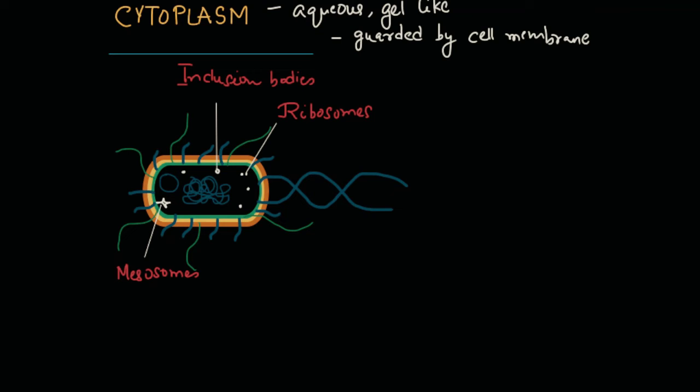Now we will discuss about mesosomes. Mesosomes are folded invaginations. They are infoldings of the plasma membrane of bacteria. These mesosomes can be in the form of vesicles, tubules, or lamellae.